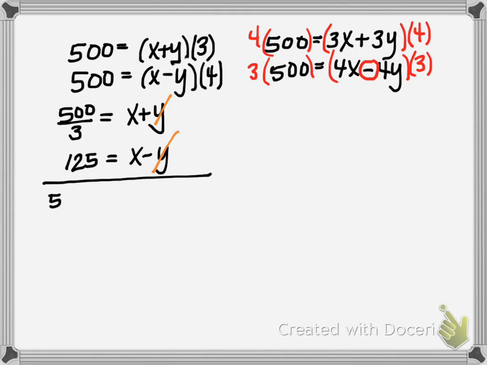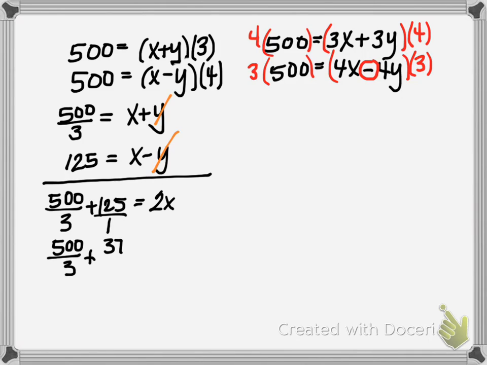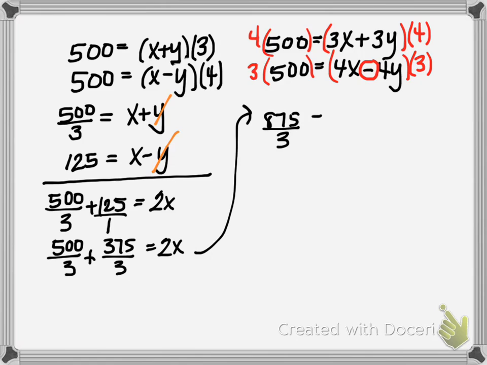So we're going to have 500 thirds plus 125 is equal to 2x. If we go ahead and multiply 125 times 3, we want to get a common denominator here, so really we have 500 thirds plus 375 thirds. I'm just adding my fractions. In other words, we have 875 thirds is equal to 2x, and then we'll divide it by 2.